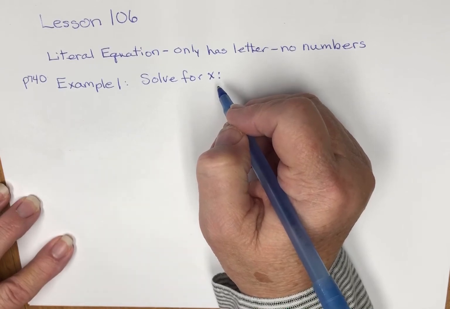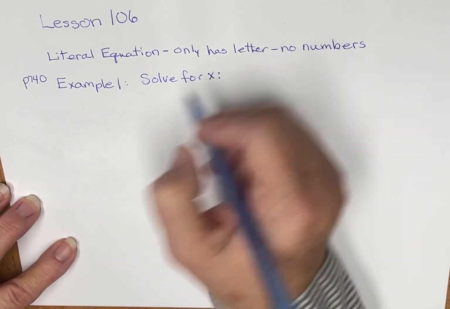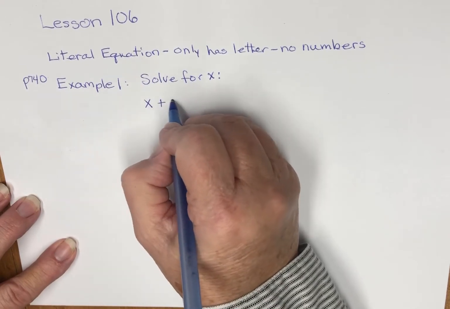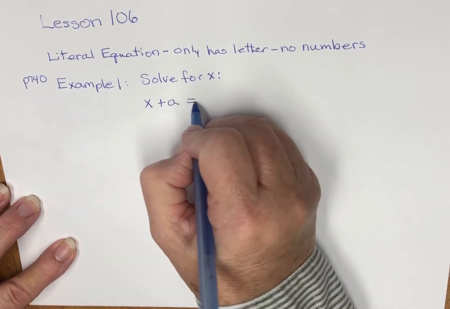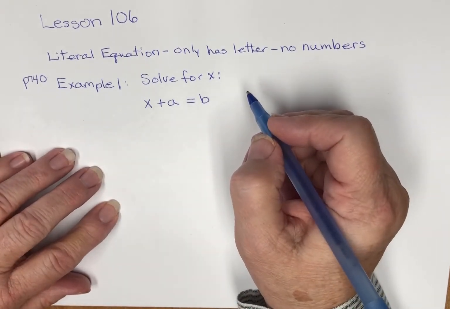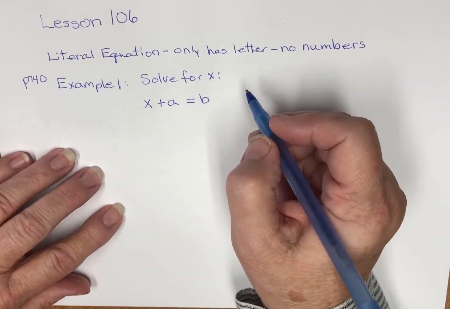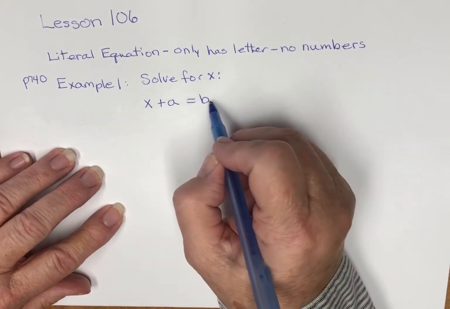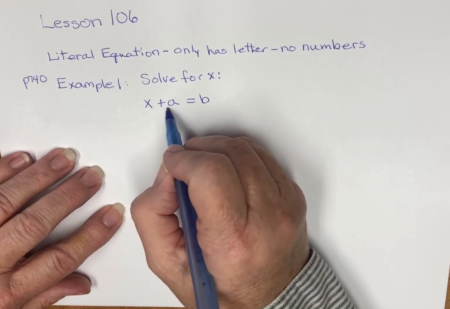They will tell you what variable to solve for. So here's our problem. X plus a equals b. Now we're going to deal with this just like we did any other problem. In general, ours would normally say x plus 3 equals 8. But instead here it's a plus b.